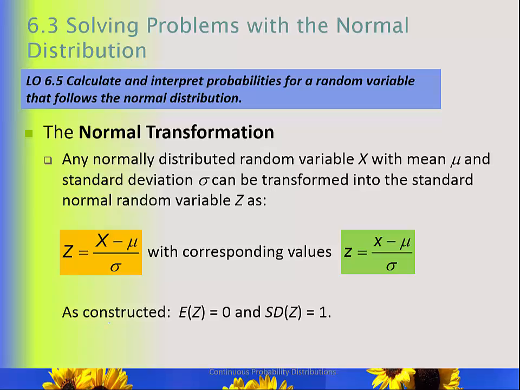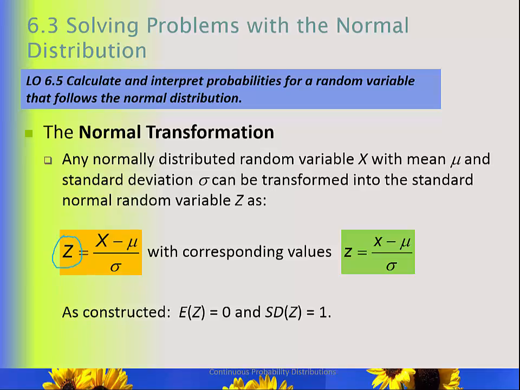So this formula that you see in front of you, Z equals X minus mu over the standard deviation, allows us to calculate that Z value that we were talking about before. Remember I said we'll get to that in a second. So in a previous example, we came up with 1.52 as our Z value. Now let's take a look at this formula for a second.